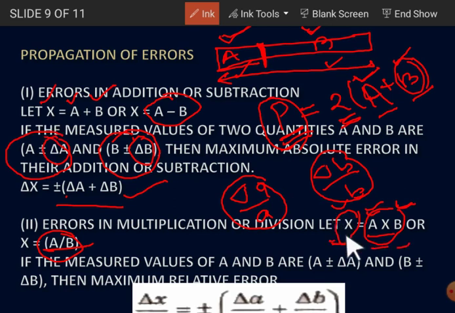So x is expressed as a product of A and B. The relative error of A is delta A by A, and the relative error of B is delta B by B.